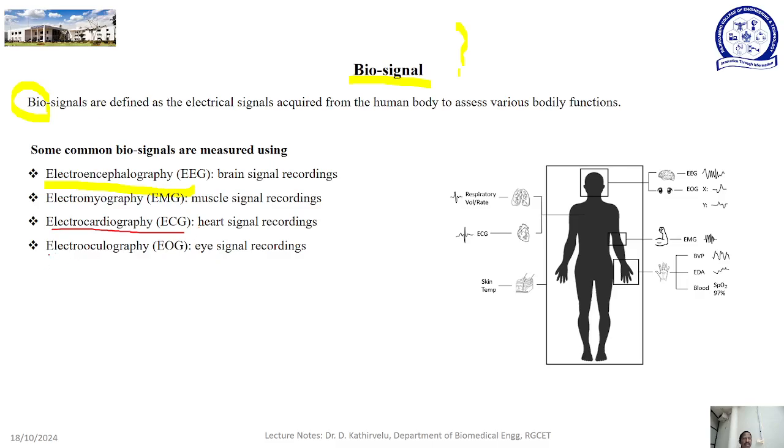We have electrooculography, which is used to study the electrical activity of the cornea or eye. So biosignals are very important to study the physiological system, to know its exact functioning, and which helps us to identify if the system is functioning normally or in an abnormal state.